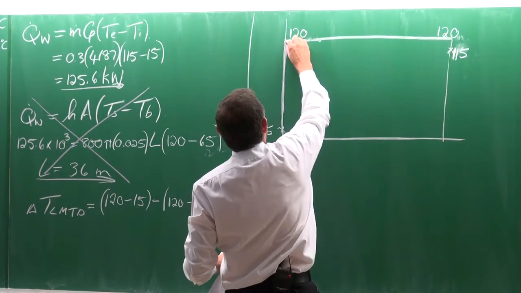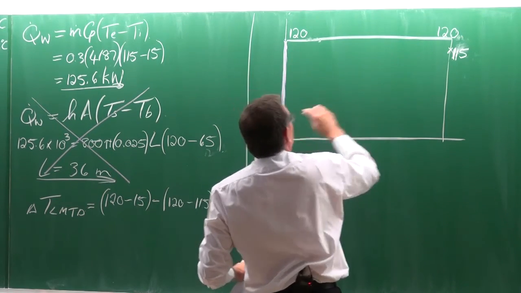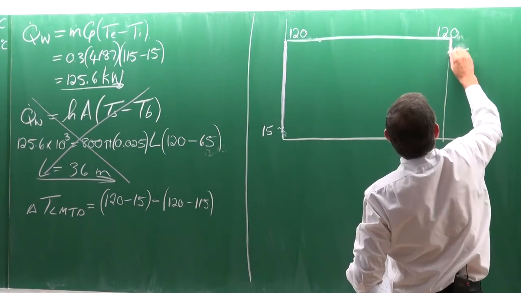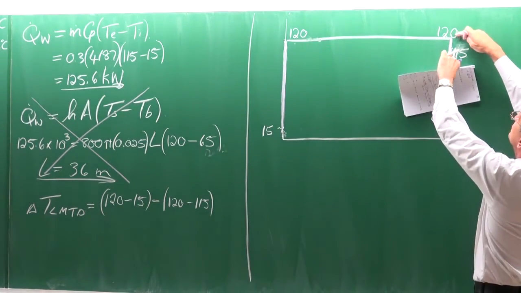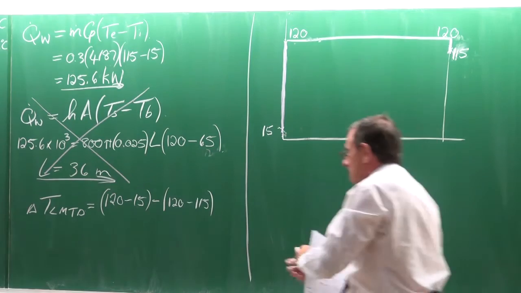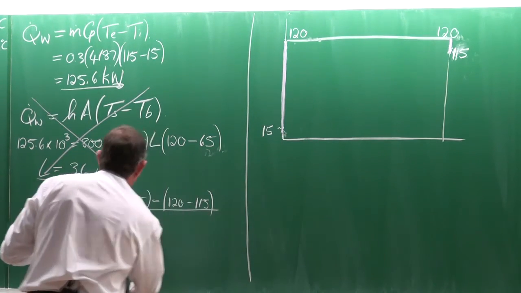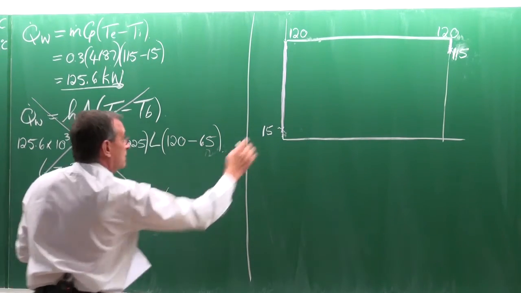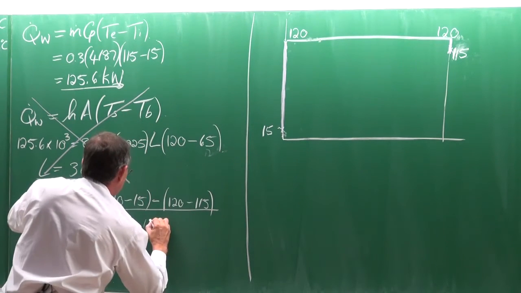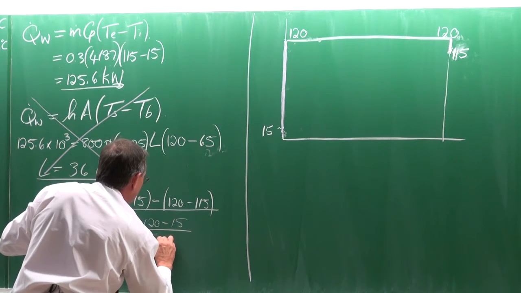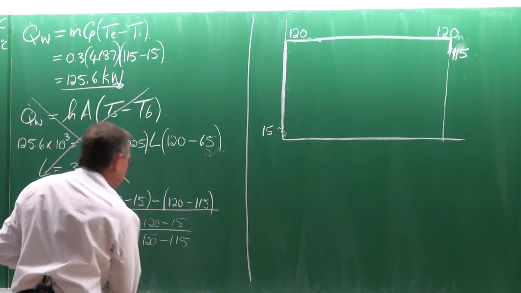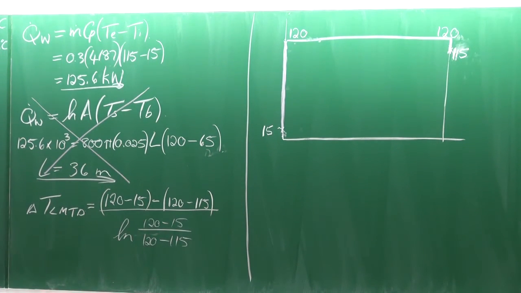You see how easy it is? And that temperature difference, divided by the ln of those two exact terms. That term, which is the first one here, 120 minus 15, divided by 120 minus 115. Now you can write it down.